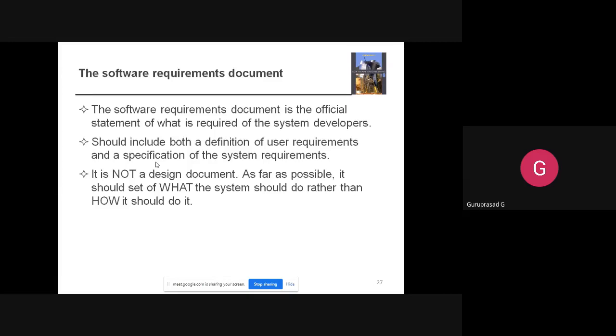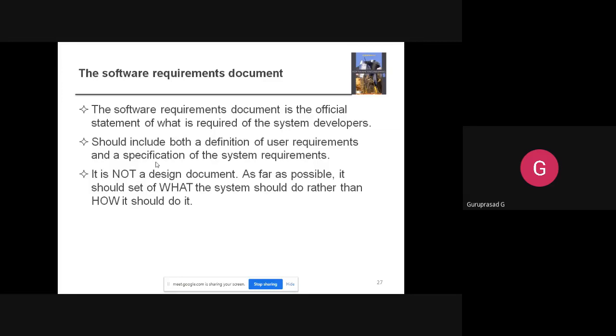Remember, it is not a design document. It should set out what the system should do rather than how it should do it. So there is no question of how to achieve the requirements. What is mentioned is what you are expecting from the system. We call it the software requirements specification document, abbreviated as SRS.